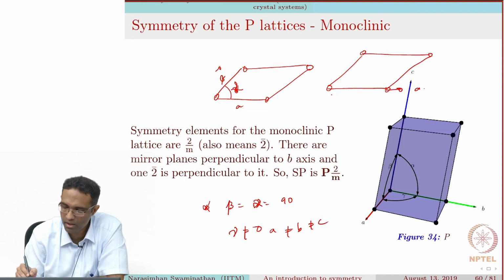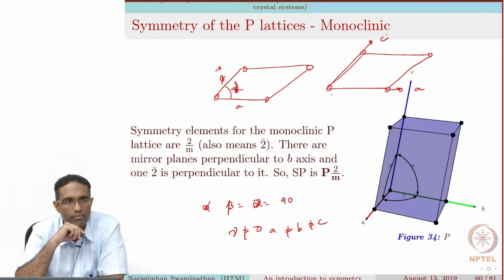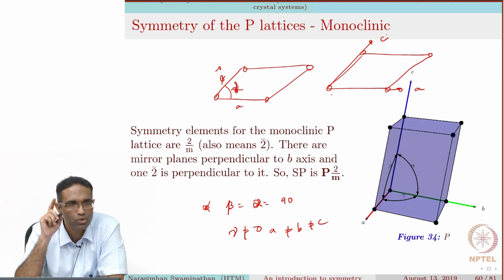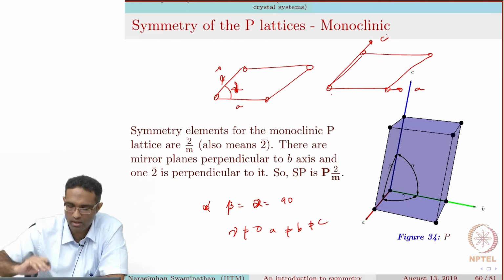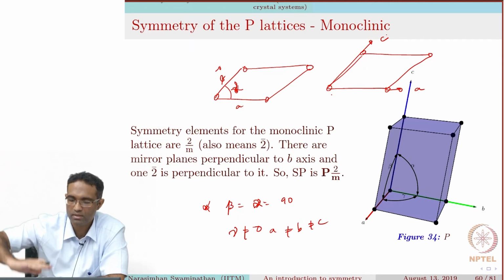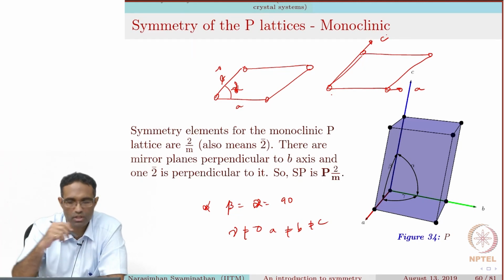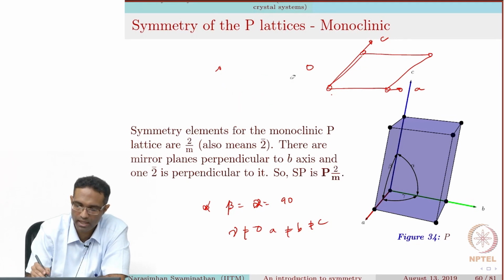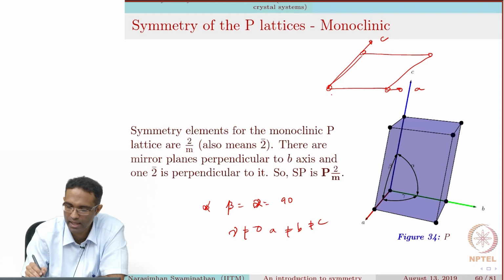I'll mark this as A and I'll mark this as C. There is a two-fold symmetry. On top of this I have stacked another one. There is only one two-fold symmetry about this B axis, right?